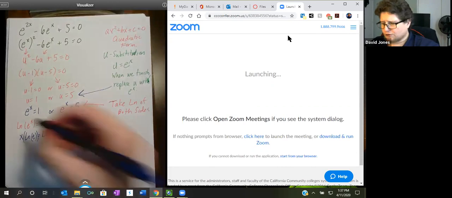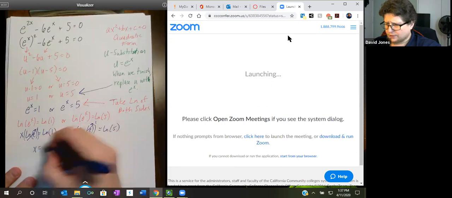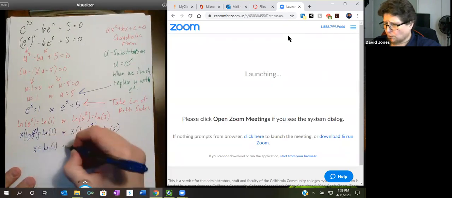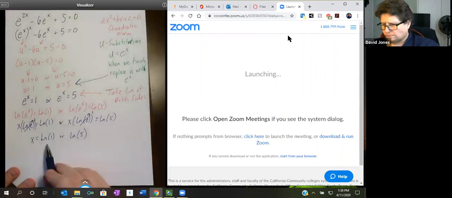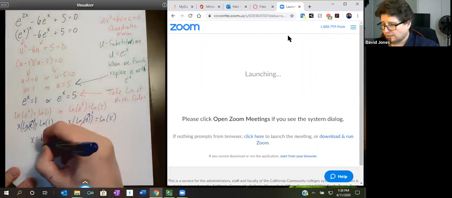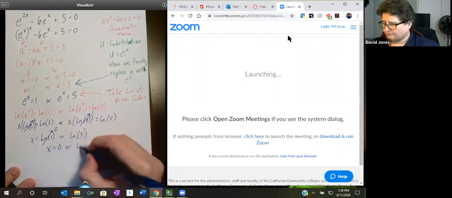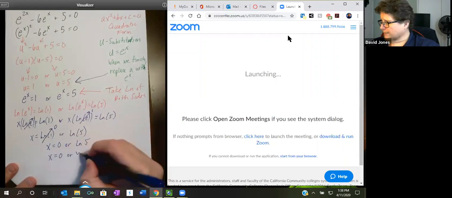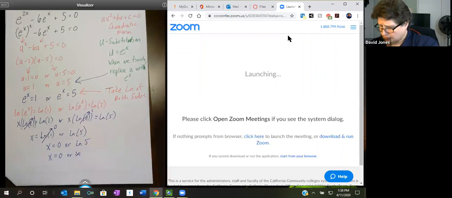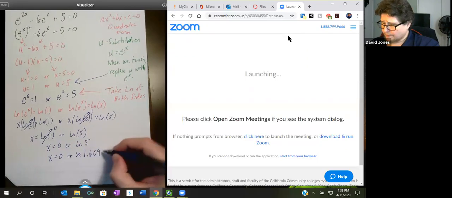And recall, the natural log of e is 1. So I get x equals natural log of 1 or natural log of 5. Log of 1 is always 0. So x equals 0 or natural log of 5, which is approximately 1.609.